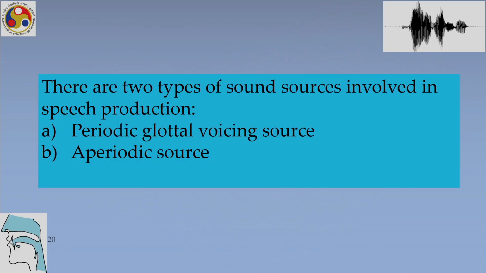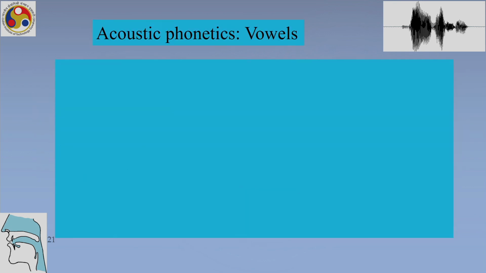The sound source can be both periodic and aperiodic. There may be a couple of types of aperiodic sources, but basically we can think of periodicity, which we saw in the form of the glottal pulses, and then there could also be aperiodic sounds.